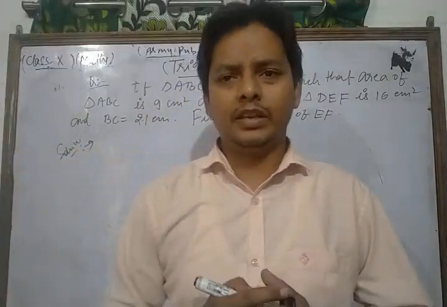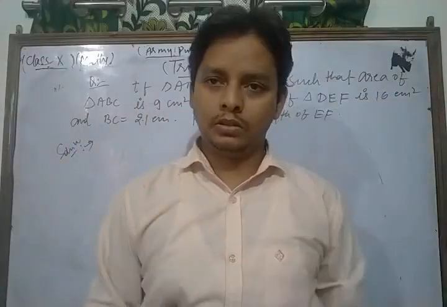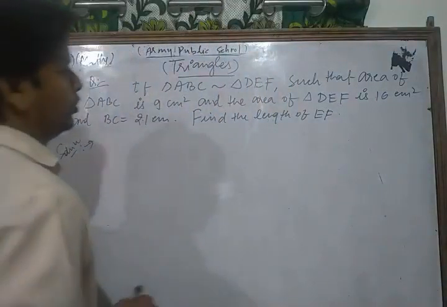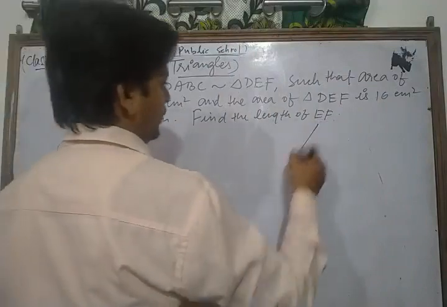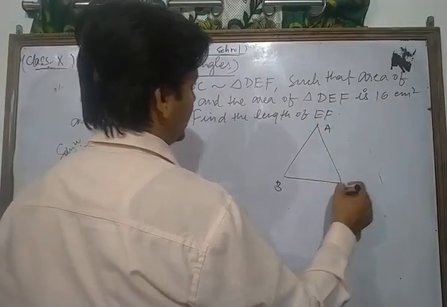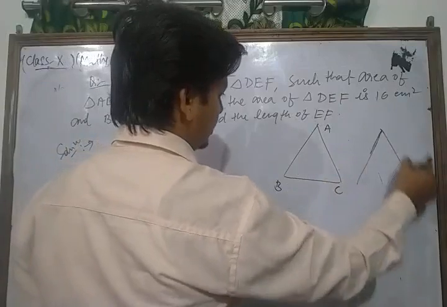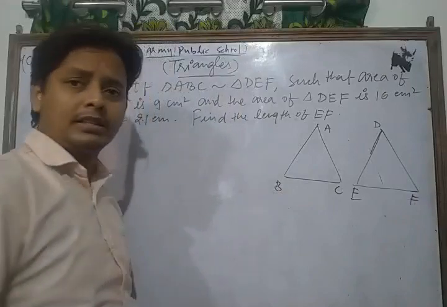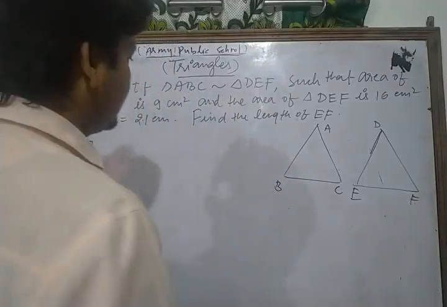Dear student, this is a very important question based on the theorem. Now look, we simplify it. First of all, we draw two triangles in this way. This is ABC, and another triangle is DEF, and both are similar to each other.